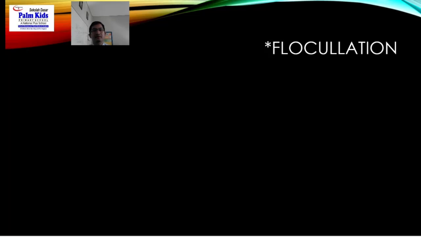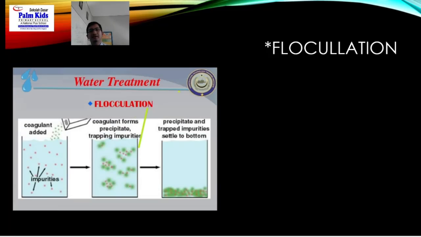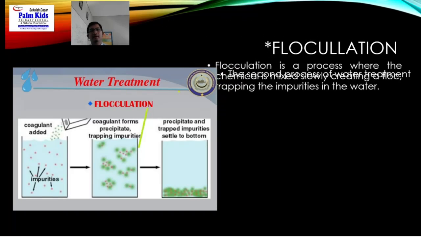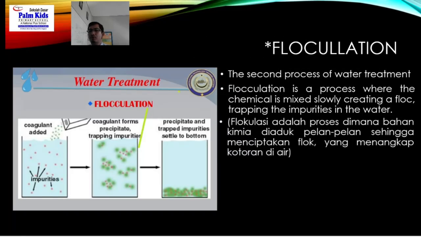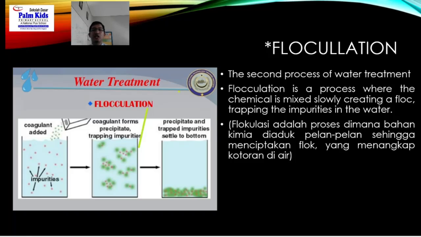The second one is flocculation. After you put those chemicals in coagulation, you send the water to the next tank. In the next tank, flocculation is the second process of water treatment. Here, flocculation is a process where chemical is mixed slowly, creating a floc, trapping the impurities in the water.